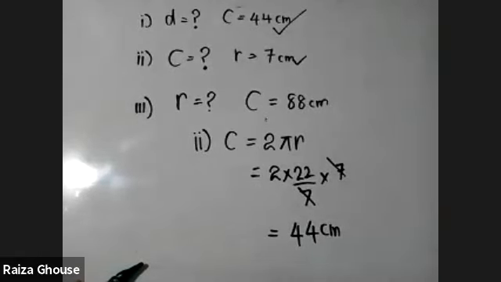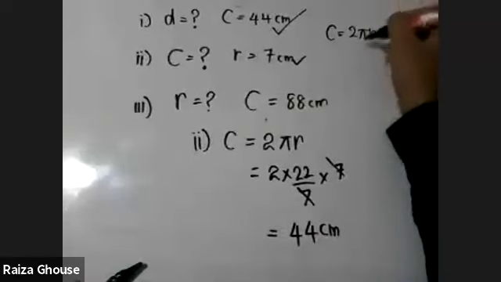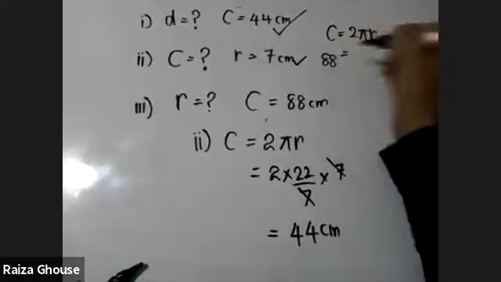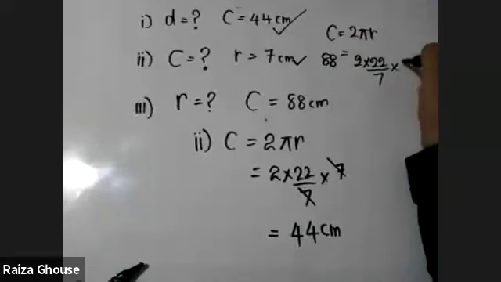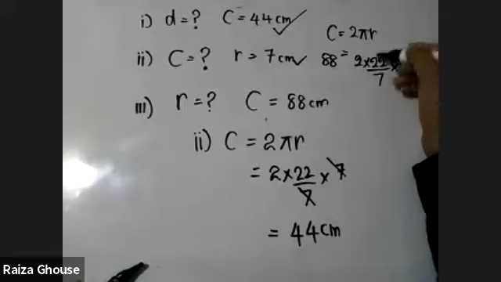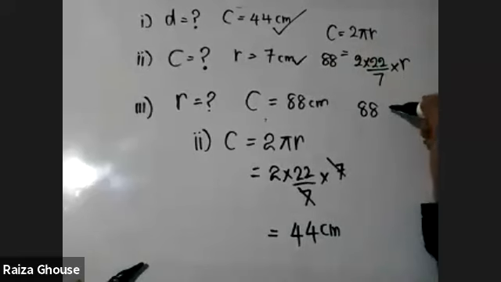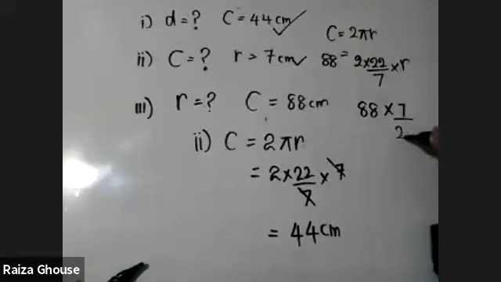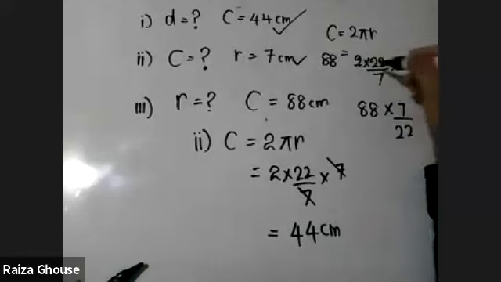Clear? Third one, they have provided C and R. So again 2 pi r, but C is given 88. 2 into 22/7 into radius I should find. Now what can I do? This one I can take to that side, 88, as she told, reciprocal. We can take 88 into 7/22, and this 2 is here multiplication.